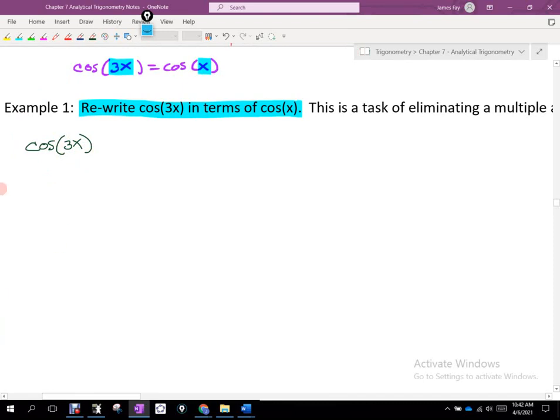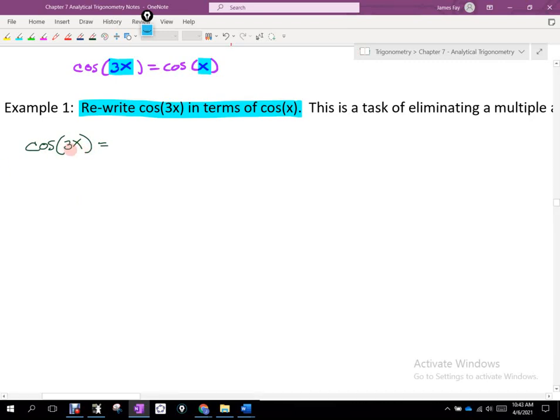This can be done no matter what that 3x is. If it's 4x, 5x, 6x, 7x, it does not matter. When we get beyond 3x, it gets very tedious, but the procedure is the same, the same structure.